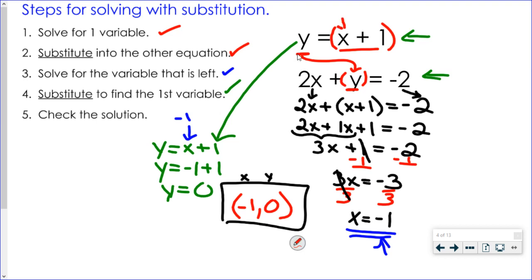So when x is -1, y is 0. When x is -1 and y is 0, does it still equal -2? Yes, I checked my answer, but my solution is still an ordered pair. Okay? Okay, so hopefully you're writing some of these down.